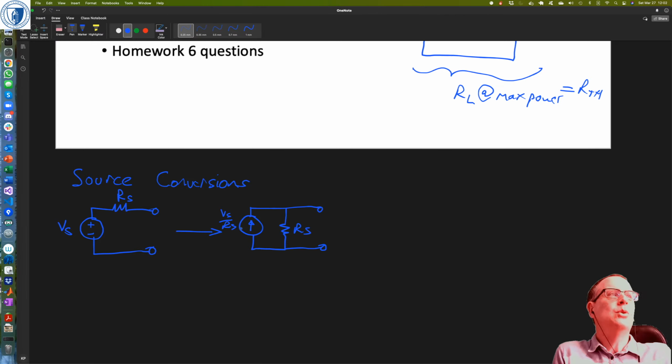Okay, that's all the source conversion is. It's just noting that the Thevenin equivalent and the Norton equivalent are equivalent. And you can swap one for the other, provided you get the right values. You get the right current, you get the right voltage, you get the right resistance.